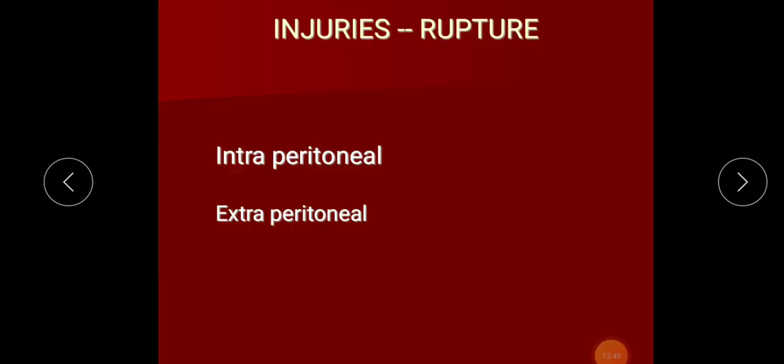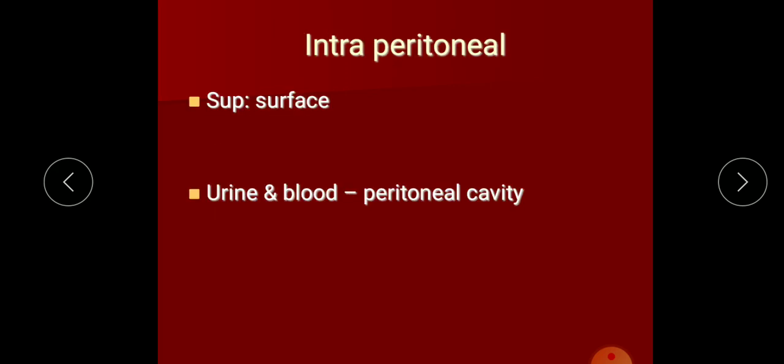So what are the things you should know? Different types of injuries can be presented: intraperitoneal injuries or extraperitoneal injuries. An intraperitoneal injury usually happens if the superior surface is affected, because the superior surface is well covered with peritoneum.